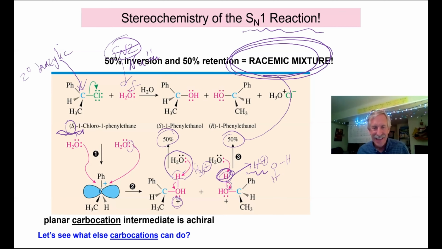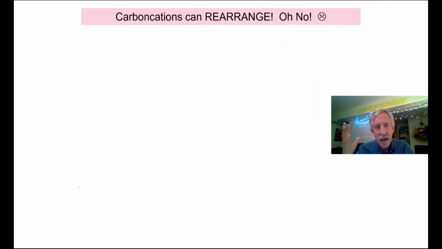SN1. Okay. So here's another reason why I kind of abhor SN1 reactions, even though they exist and you need to know them, and it's because of this carbocation right here. What else can carbocations do in the middle of this whole process before this poor, weak nucleophile reacts with it? Chaos.